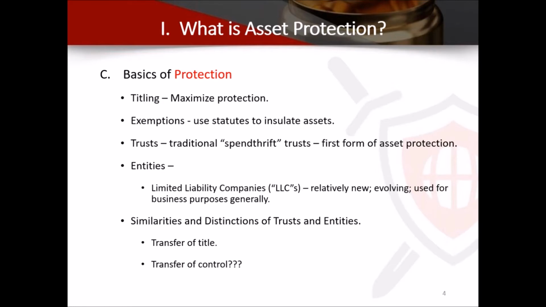If husband and wife title either personal property or real estate jointly as tenants by the entireties, and a plaintiff sues one spouse, that asset's not available to the plaintiff. Both spouses have to be liable to expose the asset. So you can actually use titling to layer asset protection.